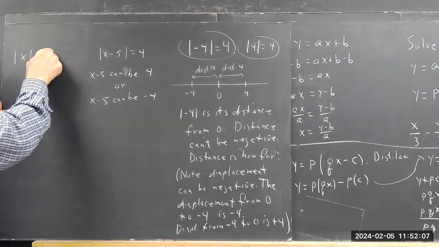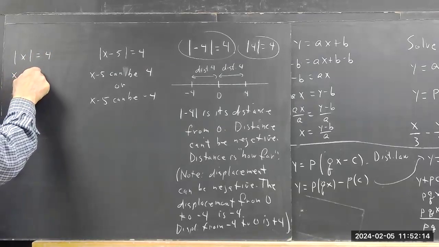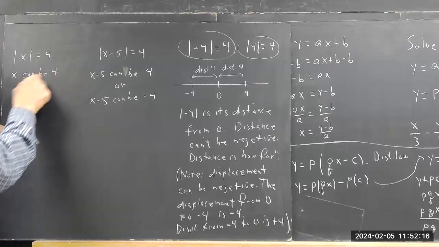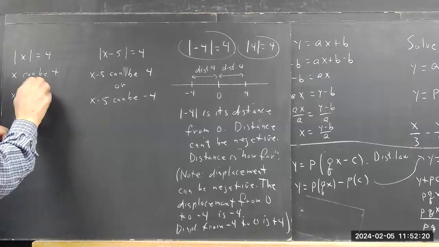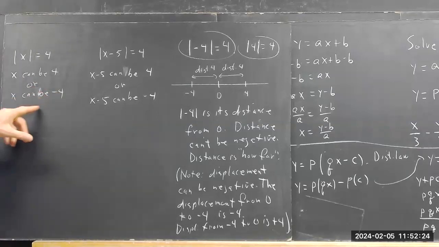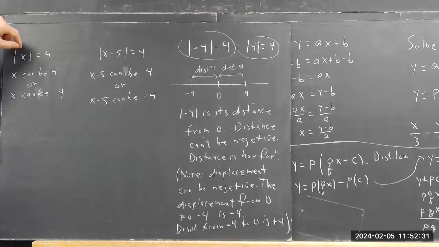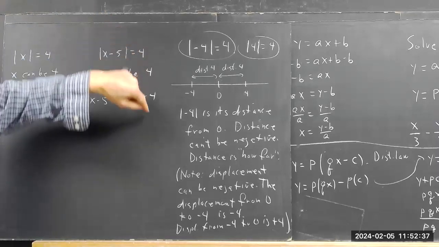So absolute value of x equals 4. x can be 4 or x can be negative 4, right? If the absolute value of anything is 4, then that anything could be either 4 or negative 4.